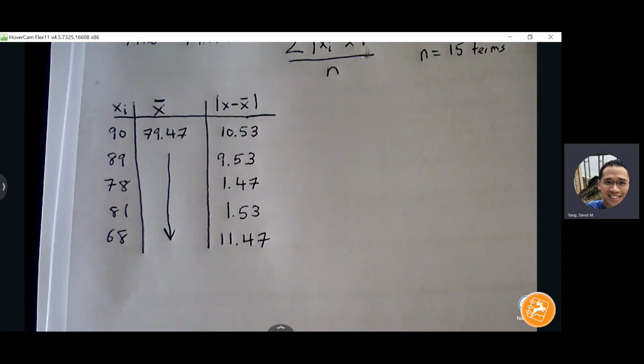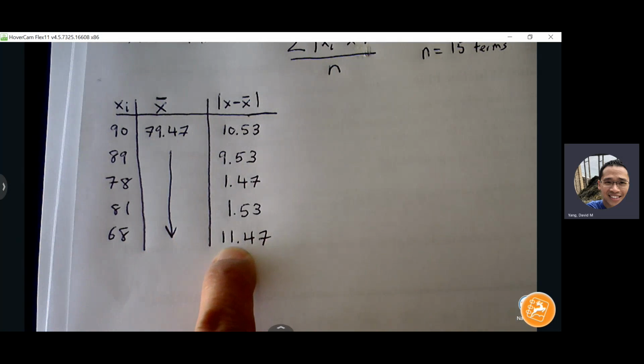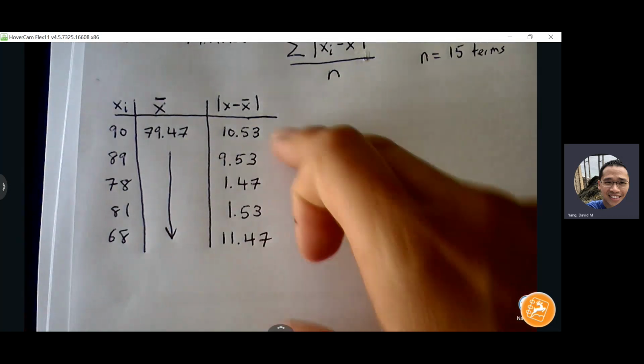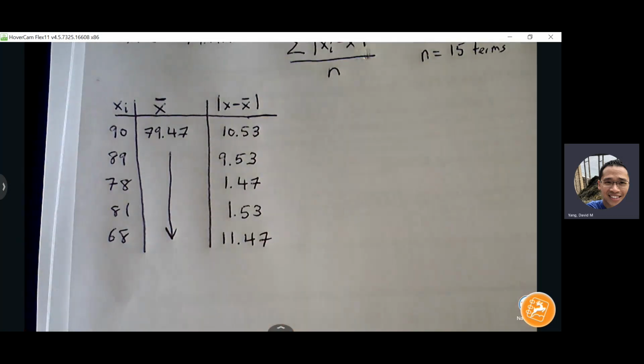You can almost subtract 79.47 minus 68. Yeah, exactly. Just take the higher number, do 79.47 minus 68, and that'll give you the positive. But if you always want to do x i minus x bar, then just make sure you never put a negative here. Now, you're going to do this until you reach 15 numbers.